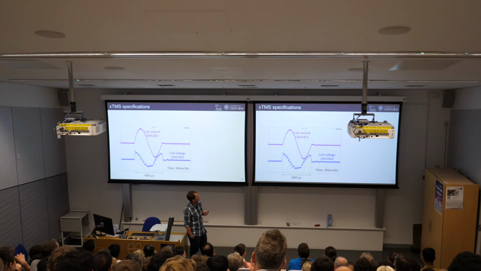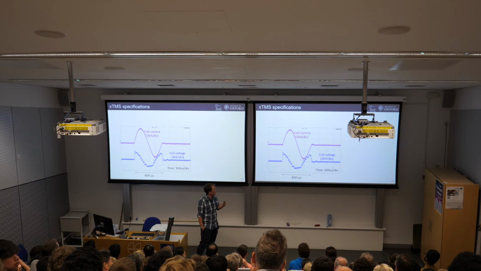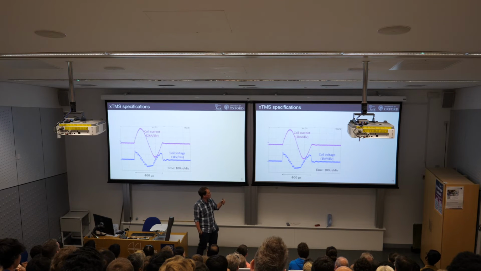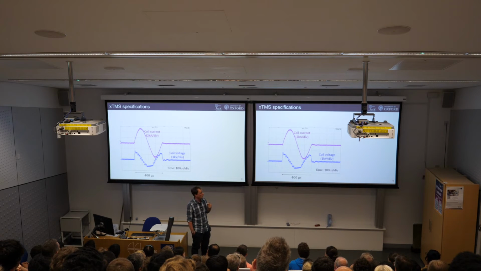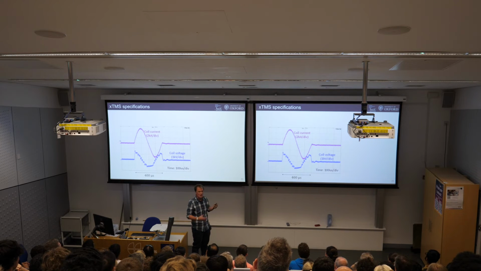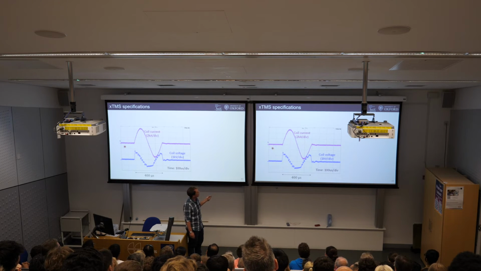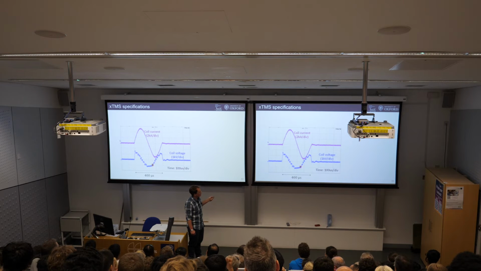Okay. Right. So to just give you an example of what we're doing, we are producing current pulses in a coil, which have a magnitude of something like 6,000 amps. We're using voltages of 2,000 to 3,000 volts. So here you can see a plot of the current flowing in the coil and the voltage applied to the coil.